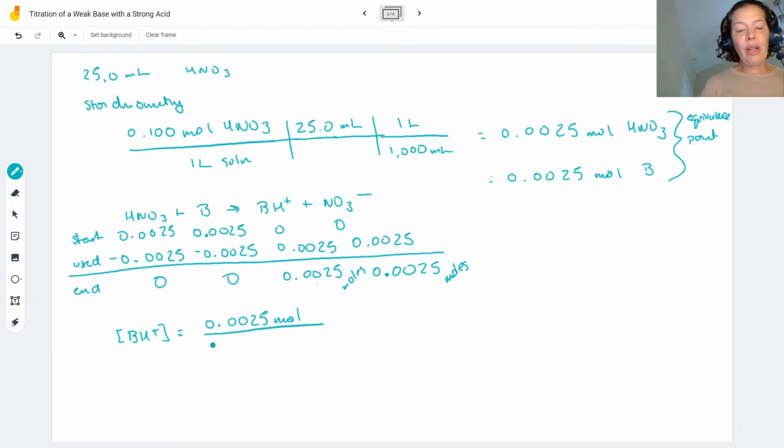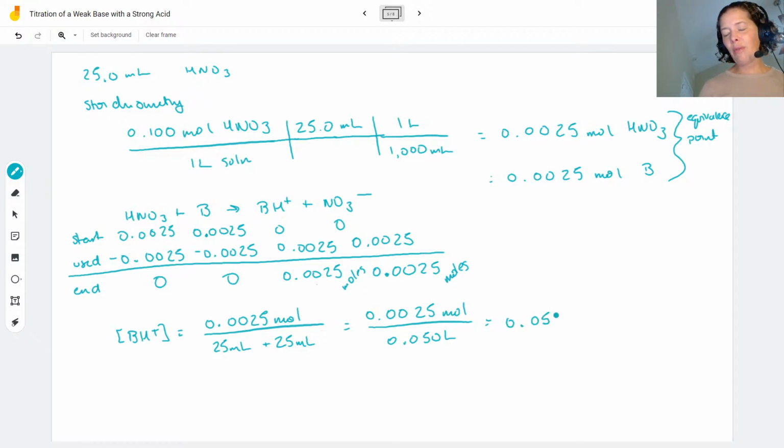Again, I started with 25 milliliters for my sample of base. How much acid have I added at this point? I've added 25 milliliters. So this is going to be my number of moles over 50 milliliters or 0.050 liters, and this gives me a concentration of 0.05 molar.